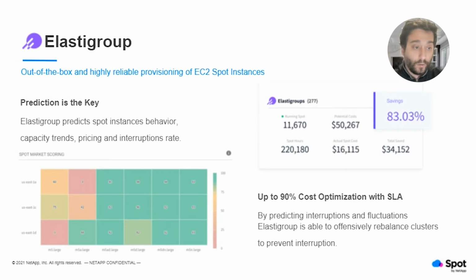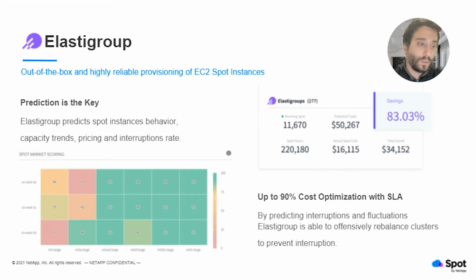What you can see here on the left side of the screen is a heat map of the different markets. What is a market? A market is a combination of availability zone, instance size, and operating system. So we define that as a market, and each one of them has its own score.